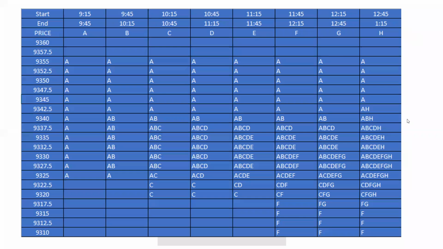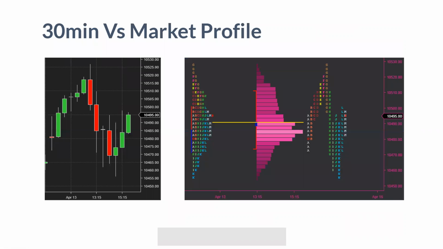Now, coming back to the basics here, let me tell you, we also compared the 30-minute profile charts with the 30-minute candlestick, which is just price action. But what candlestick provides is lesser information about the markets.